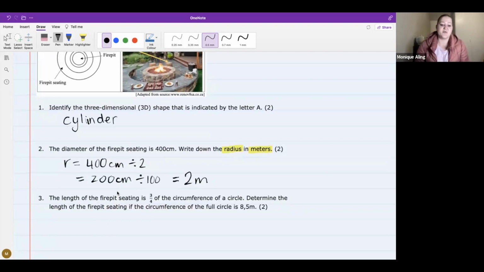So how are we going to work out the length of this seating? So the keyword again is of. Of means we are multiplying.